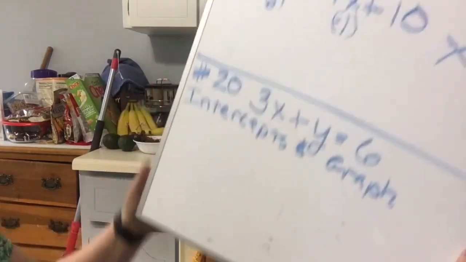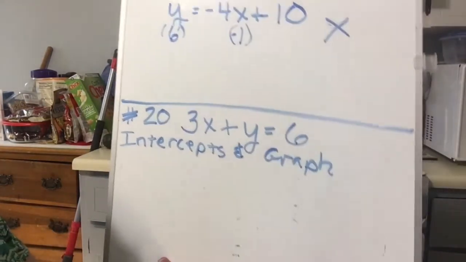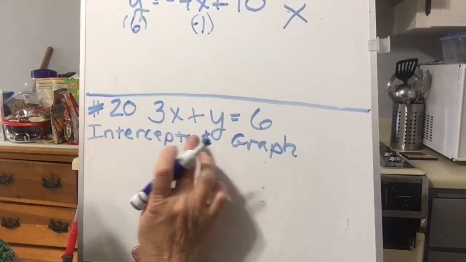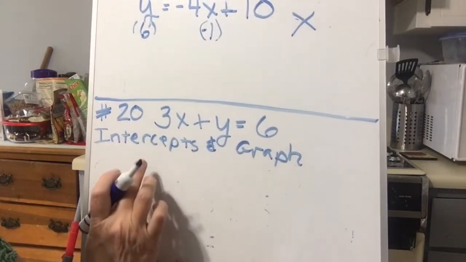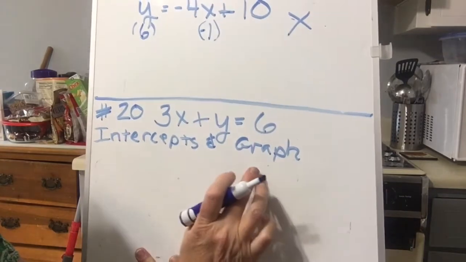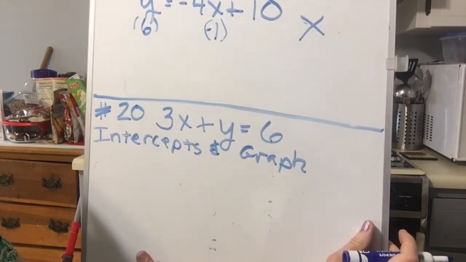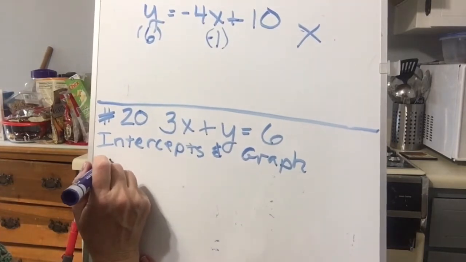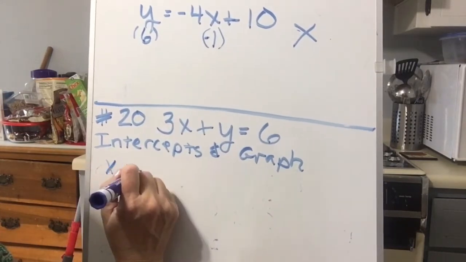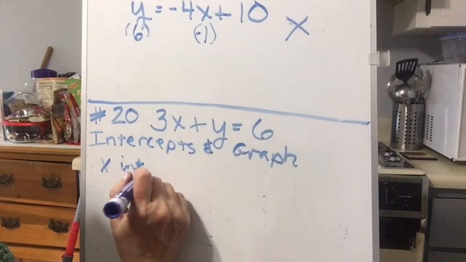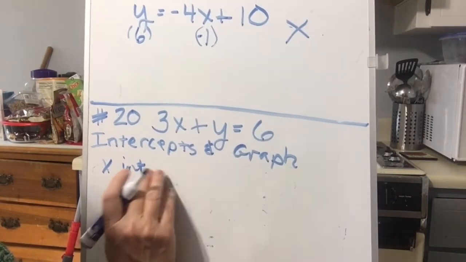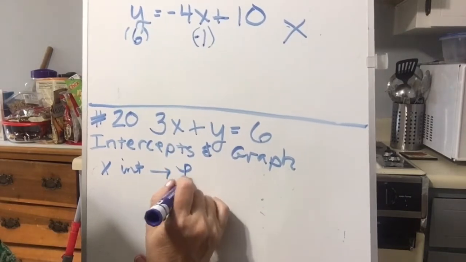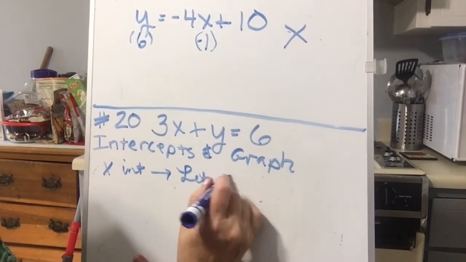Okay, so the second one we're going to do is number 20. We're given a line, 3x plus y is 6, and we're to find the x and y intercepts and then graph the line. Remember, if I'm trying to find the x-intercept, I let y equal 0.